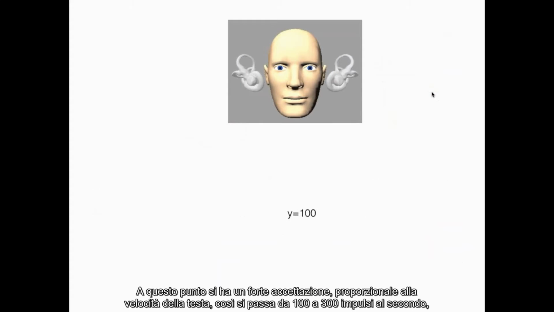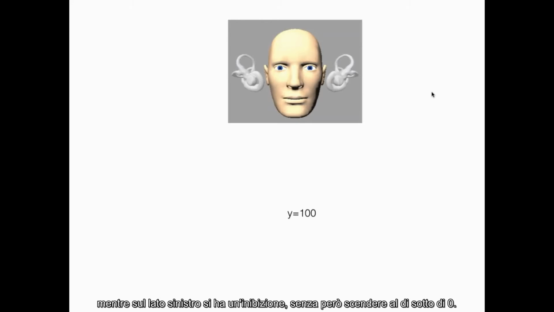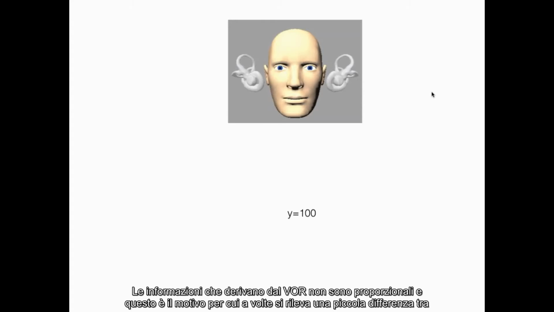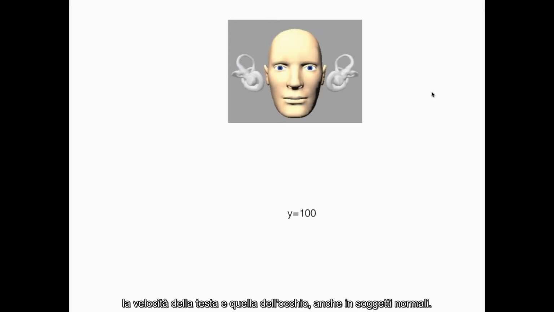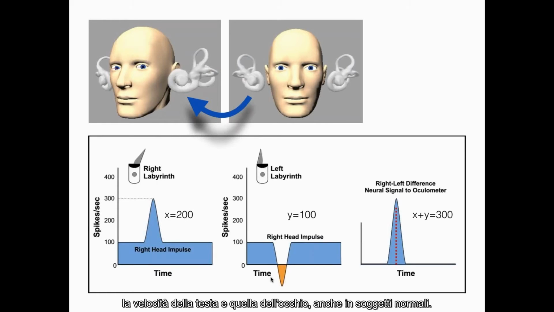When you do an impulse, you have a very big excitation in the right labyrinth. It's proportional to the head velocity, so you go from 100 spikes per second to 300 spikes per second. And on the left side, you have an inhibition, but the inhibition goes only until 0. You cannot go below 0. So the information that comes to the viewer is not proportional.